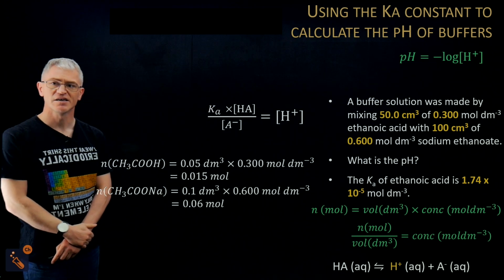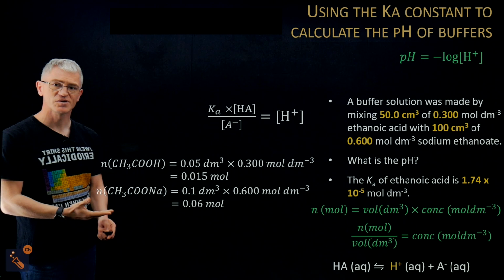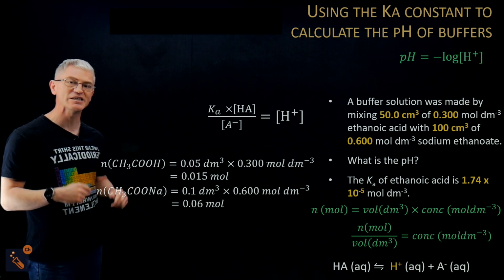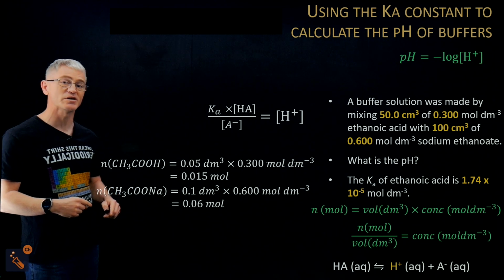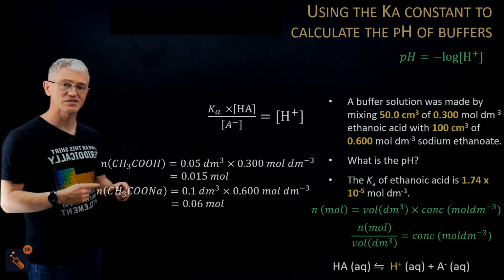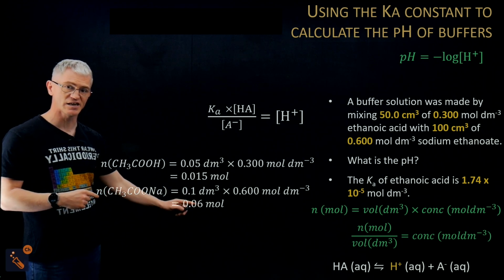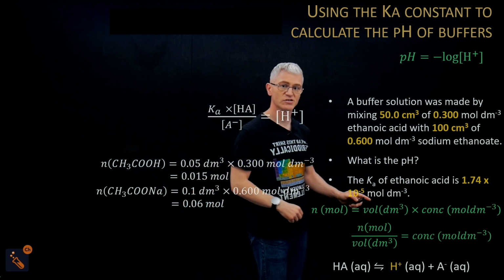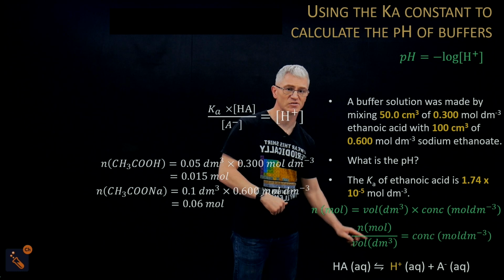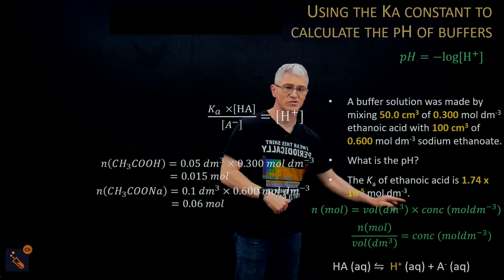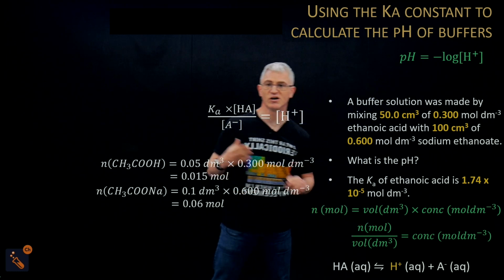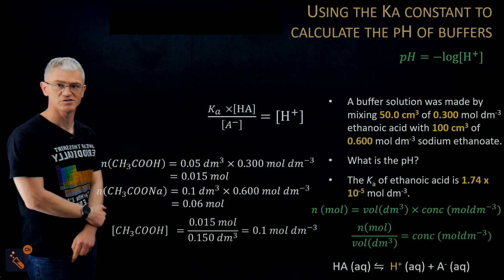Now we can turn them into concentrations. They're moles at the moment, not concentrations, and the concentration is based upon the total volume of the solution, which is 150. If you have this equation, which is those green ones over there, we're just rearranging it here. The top one is volume times concentration, and now rearranging it, number of moles divided by volume will equal our new concentrations to put into our equation.